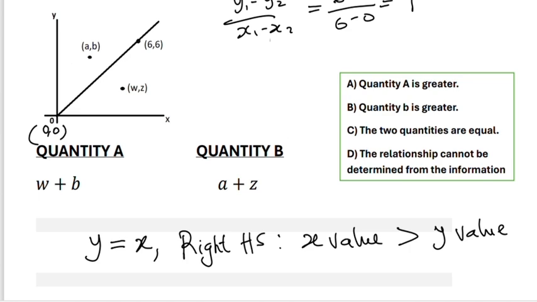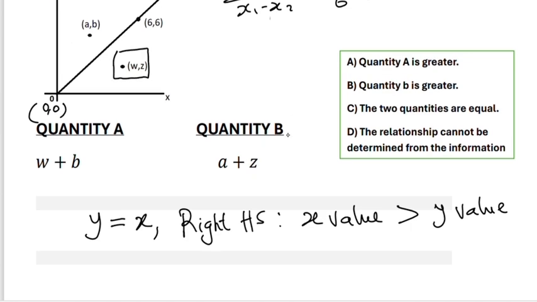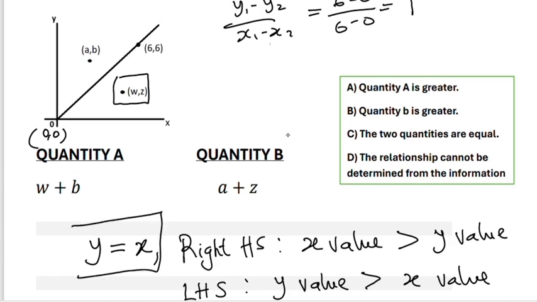So towards the right hand side we have this, okay, and then towards the left hand side of this line, the y value is greater than the x value. Okay, this is what guides an equation that is y equals x.